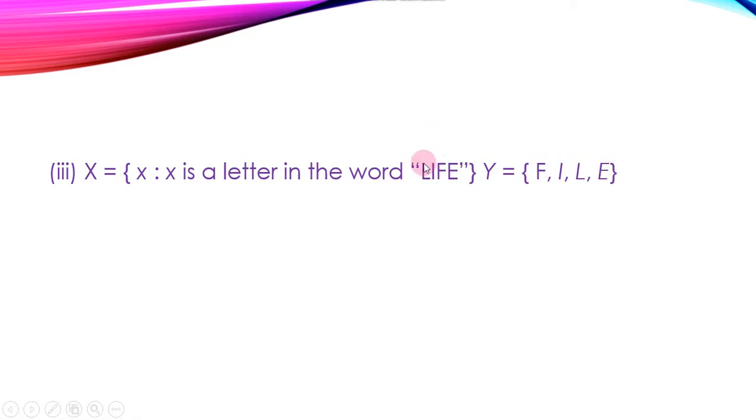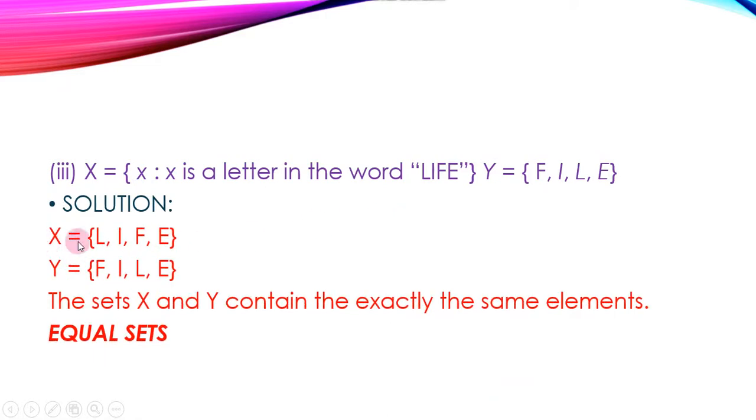L is here, also L there, and I is here and there, F is here and there, and E is here and there. Let us see the solution. X equal to L, I, F, E, Y equal to F, I, L, E. The sets X and Y contain exactly the same elements. So equal sets.